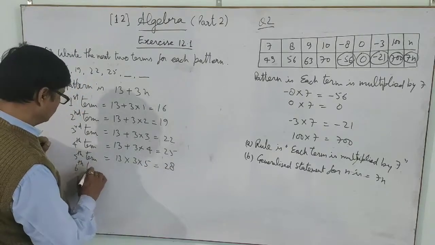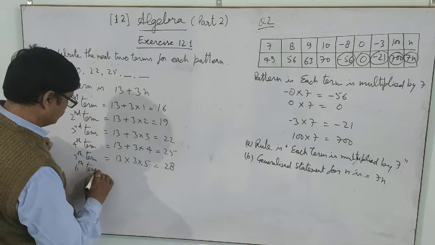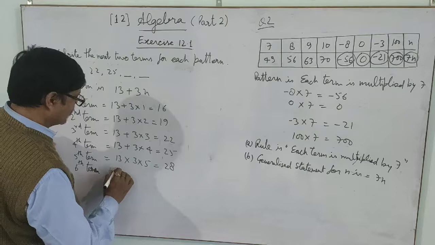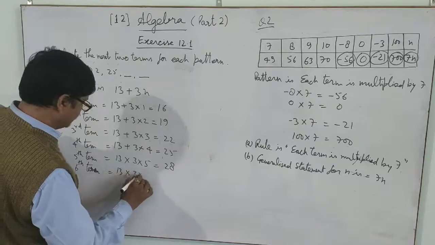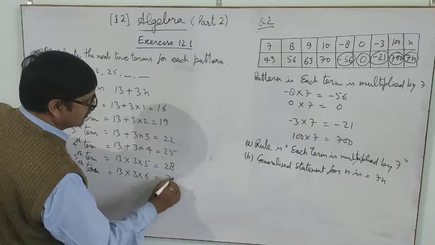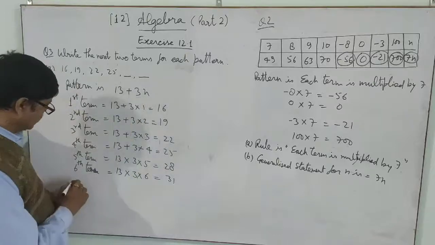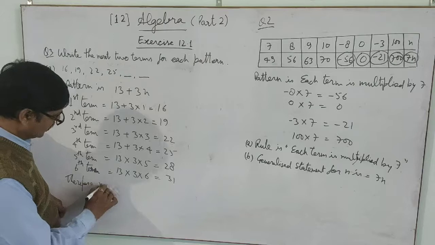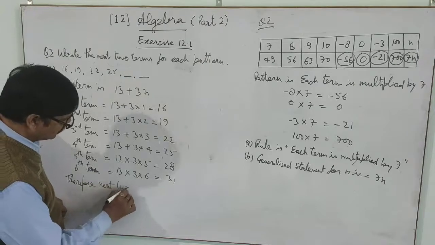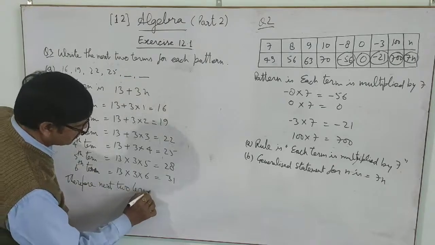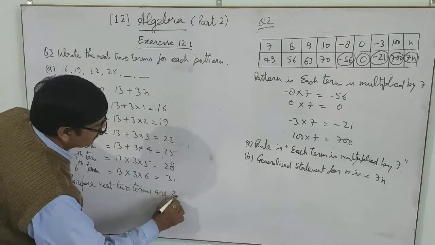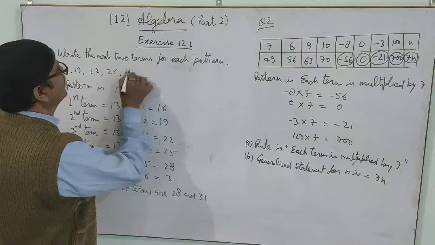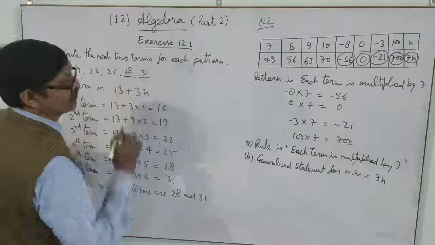Sixth term, 13 plus 3 into 6, 31. So the next two terms are 28 and 31.